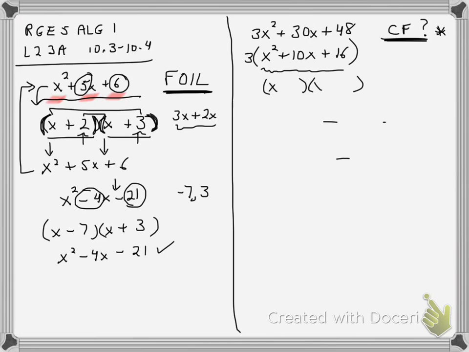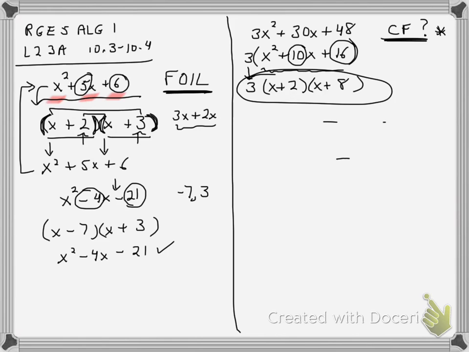Do I have two numbers? When I multiply together, I get 16, and when I add them together, I get 10. And the answer is yes, I could go for 2 and 8. Positive 2, positive 8. Don't forget to copy this down. And so that is factored completely.